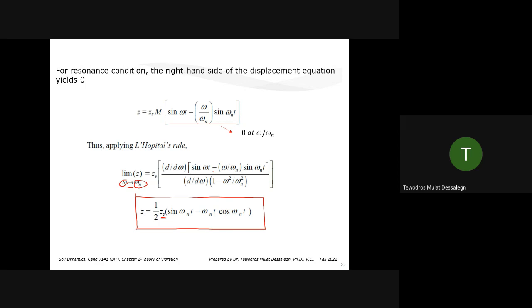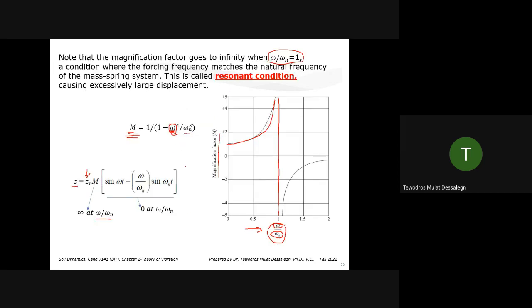And it matches the frequency of some of the buildings. Those buildings from 5 to 15 stories were completely destroyed because they experienced excessively large displacement. They cannot handle it. This is the explanation.